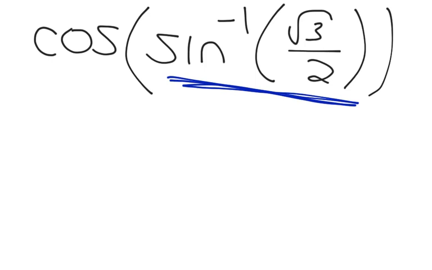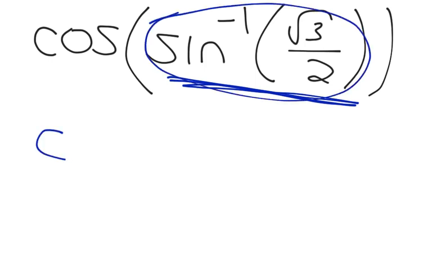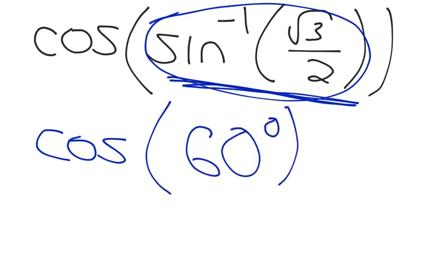So where is sine equal to root 3 over 2? Well, think about it. We just did sine of 1/2, right? Which was 30 degrees. So this one must be 60. All right, so now that means this entire part is going to become 60 degrees. Well, what's cosine of 60 degrees? 1/2. That's my answer. I'm done.